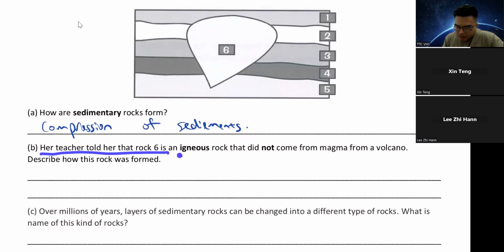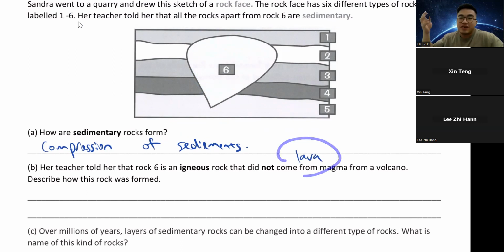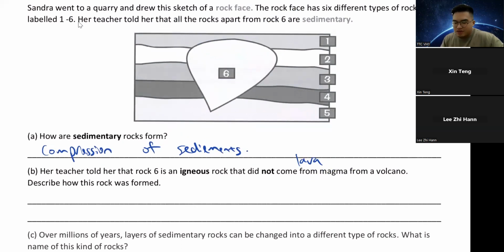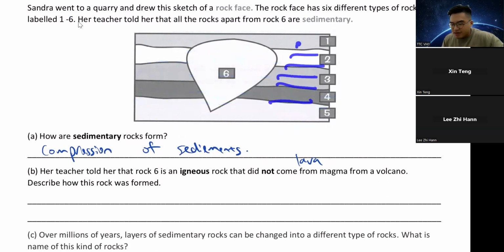Her teacher told her that rock 6 is igneous and did not come from magma, from a volcano. Describe how this rock is formed. Obviously this is formed by lava, not magma. What's the difference? Lava is on the surface, magma is underground. This cannot be underground because this thing is buried. You see, sedimentary is around this guy, so all these are buried. You can't bury this thing halfway and then suddenly this thing comes.